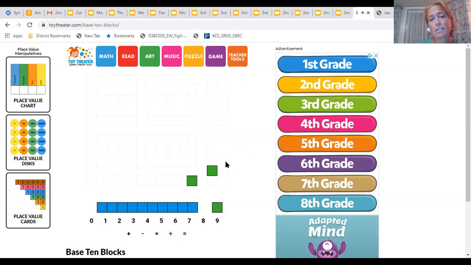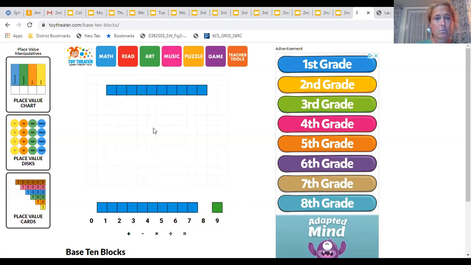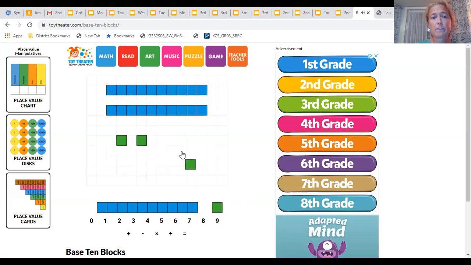All right, so our next number is going to be the number 25. So I would need, in the number 25, the 2 is in the tens place, so of course I would need 2 sets of 10. So here's 1 set of 10, 2 sets of 10, and there's the number 5 in the ones place, so I would need 5 of these. 1, 2, 3, 4, 5.